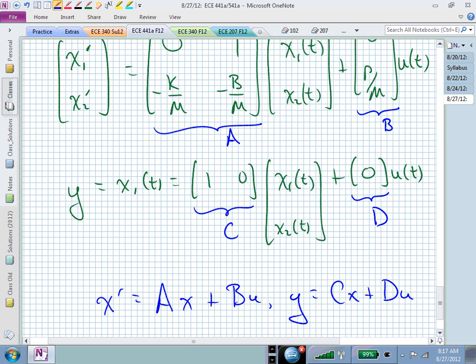And we could write that down for any linear time invariant system. It's just given the system, that will determine how big those matrices are dimensionally.